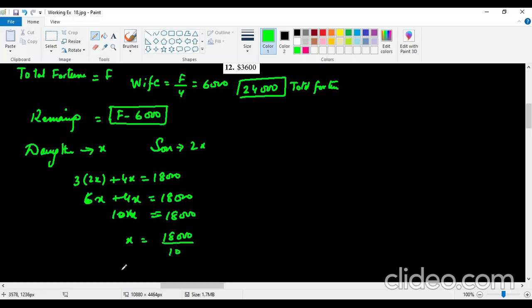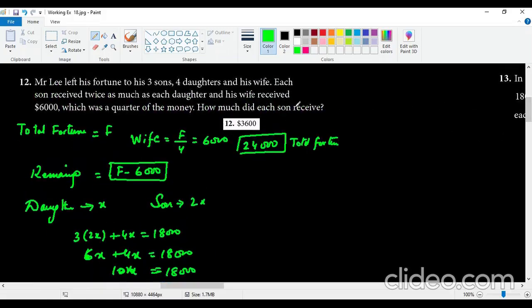So the x amount is 1800. So each daughter is going to get 1800, and how much each son, that means 2x, 2 times 1800 is going to give us 3600. This is the amount each son is going to get.